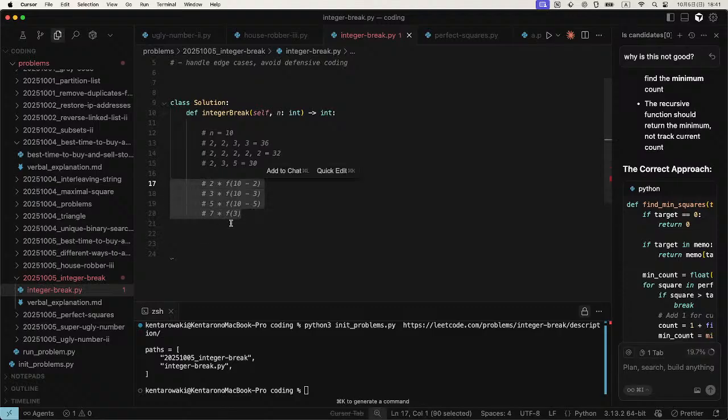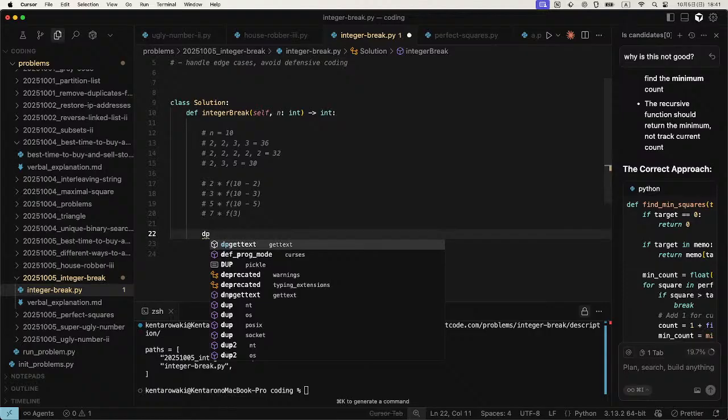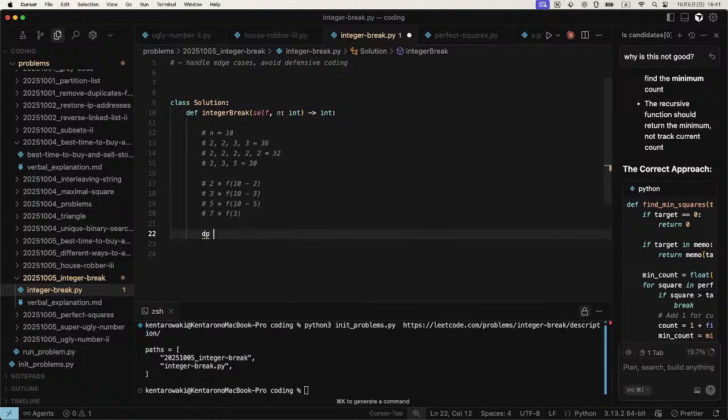Top-down solutions would be like this, but for bottom-up we prepare the DP array for storing the maximum product, the maximum result of the product.